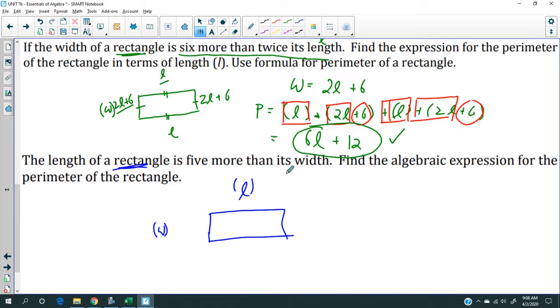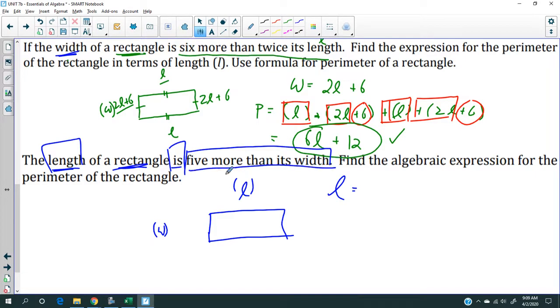So now I actually switched it up on you. You see how the width of a rectangle here, in the second question, now I switch around. So this wouldn't be a W anymore. This is actually an L. So length is 5 more than its width.